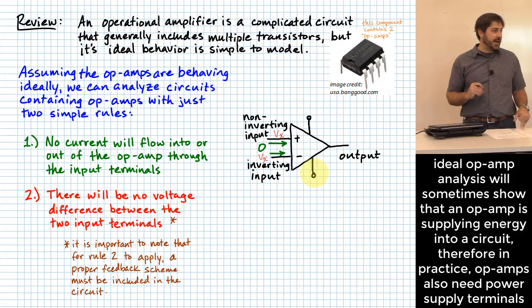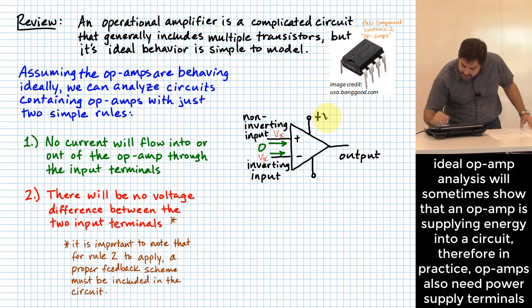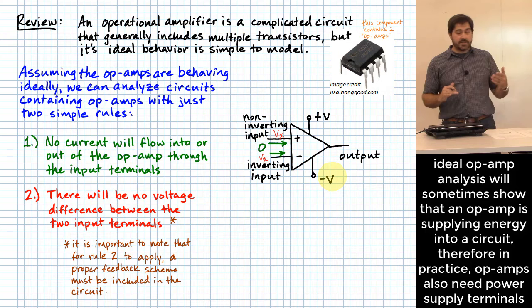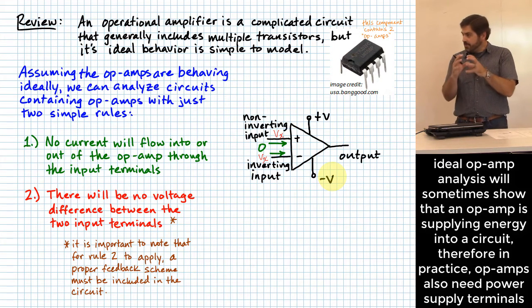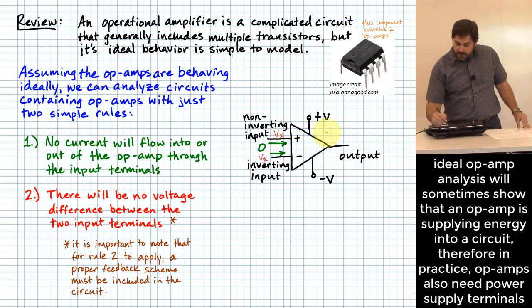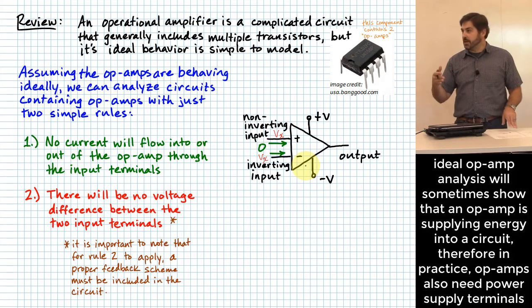And sometimes they will be labeled something like plus V or minus V, okay? I wanted to mention what that means if you see that sticking off of an op-amp symbol on a circuit diagram. What that refers to is that real op-amps actually need to have supply voltages coming into them so that they can supply energy, right?